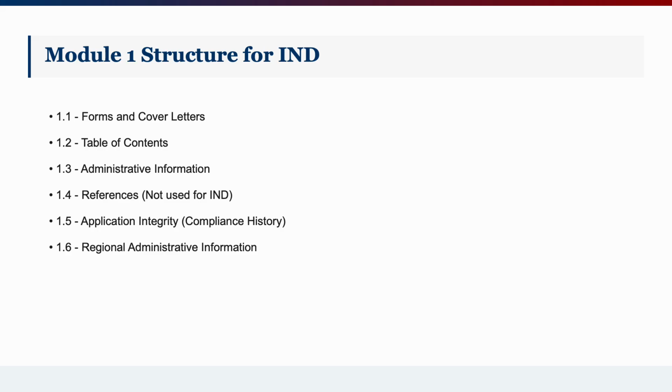Section 1.5 addresses application integrity and includes information about your company's compliance history with FDA regulations. And Section 1.6 contains regional administrative information specific to the FDA's requirements. Each of these sections has specific subsections, and we're going to go through the most important ones in detail.